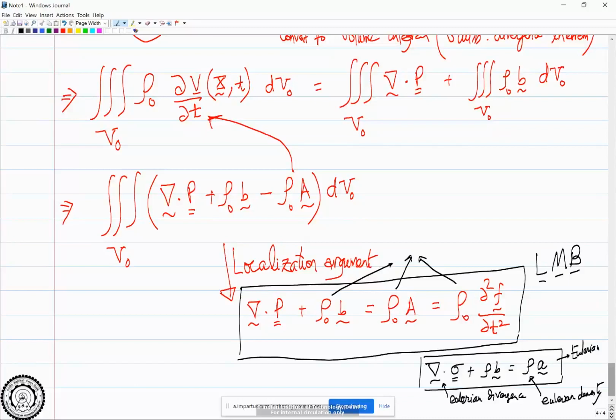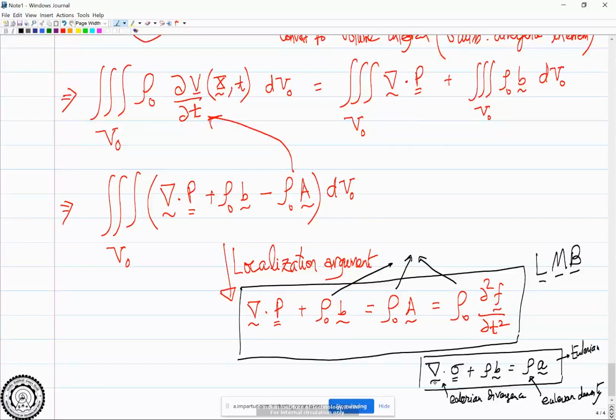Sir, you said it's Eulerian divergence. I didn't understand Eulerian divergence. Okay, so see, when you do divergence, what is the formula? It is del by del, I mean, derivative with respect to three coordinates, right? Yes, sir. So now those coordinates, are they the Eulerian coordinates or the Lagrangian coordinates?